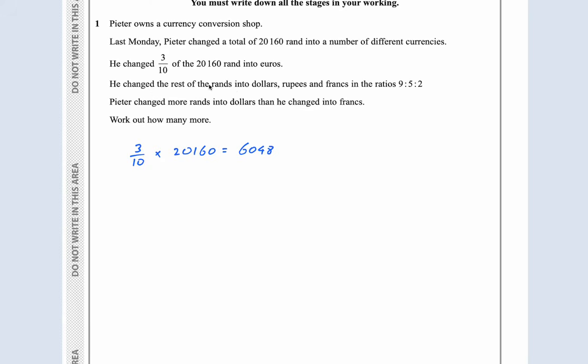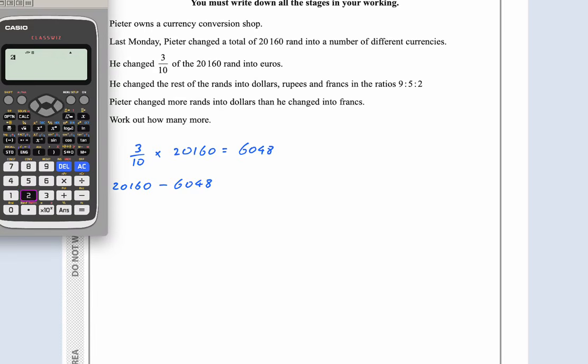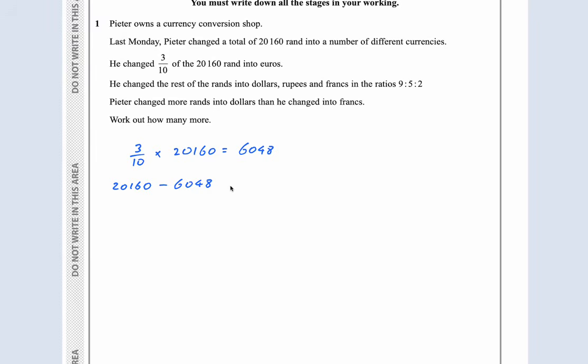He then changed the rest into dollars, rupees, and francs in this ratio. Okay, so what does he have left? Well, 20160 minus 6048. Actually, guys, I could have just found 7/8 of this, but this is going to give you the same answer. 20160 minus 6048, which is 14112.